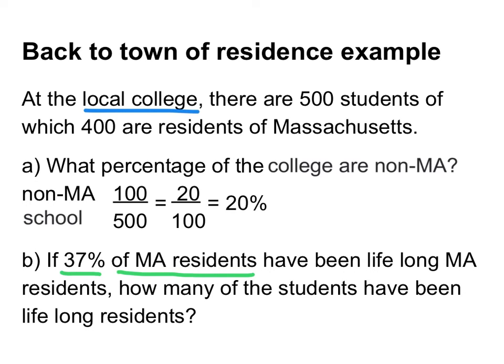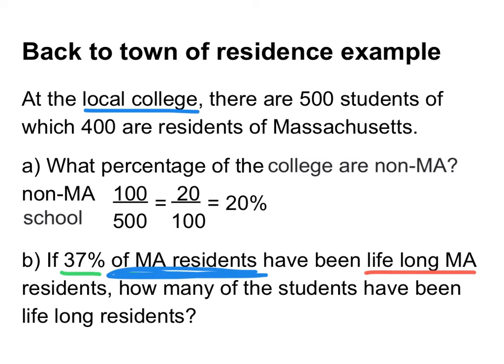How many of the students have been lifelong residents? Okay, so the whole, the total, that is our Massachusetts residents. Out of that, we're looking at lifelong Massachusetts residents. So notice, we're not using the school as a whole at all here. We are finding a percentage of Massachusetts residents.